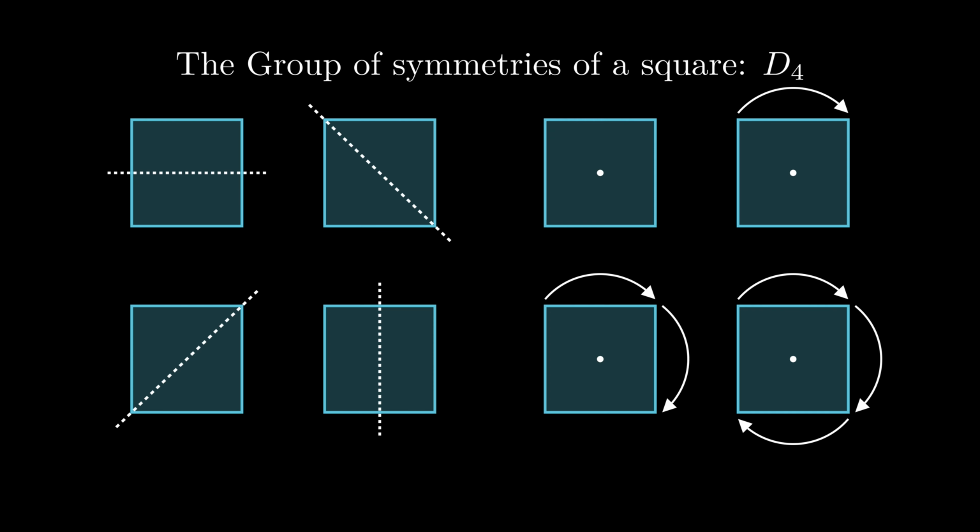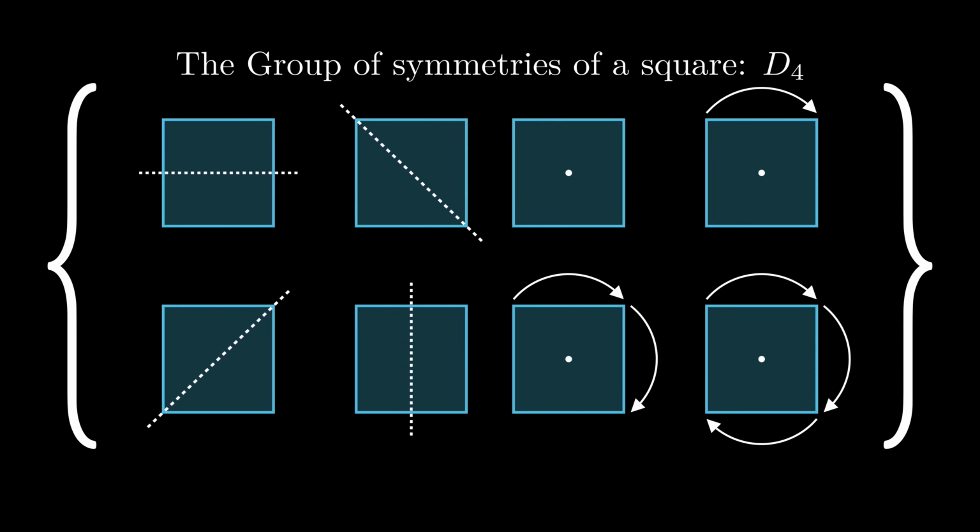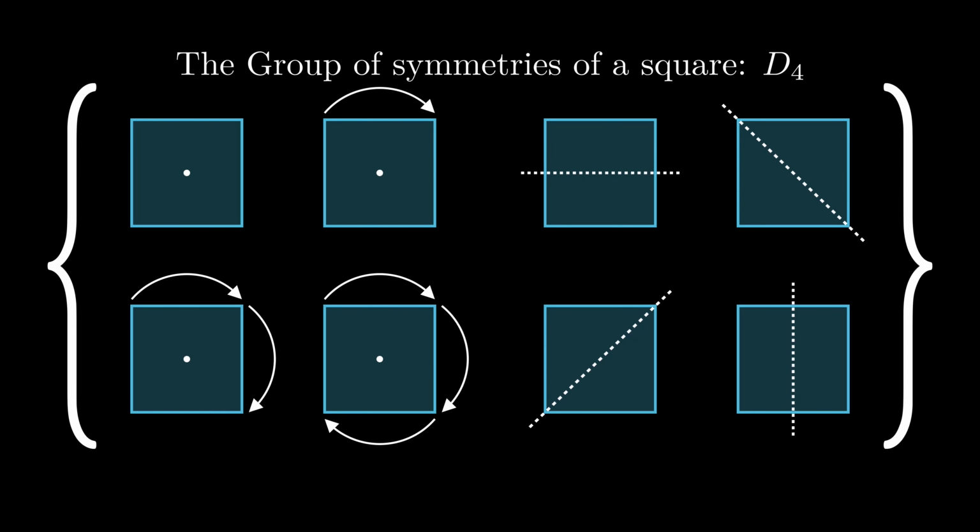So to collect these into a group, let's put them into a set. A set is just a collection of things, and we denote it with curly brackets. We often call this do-nothing symmetry the identity, and it's usually written first in a group, so let's rearrange. We mentioned before that mathematical objects use concise notation, and drawing each symmetry out is certainly not concise.